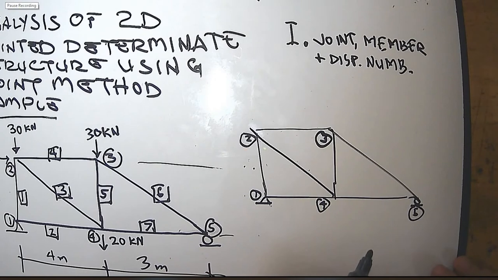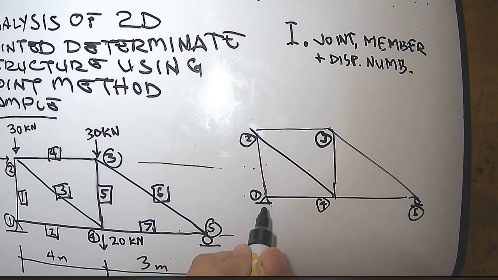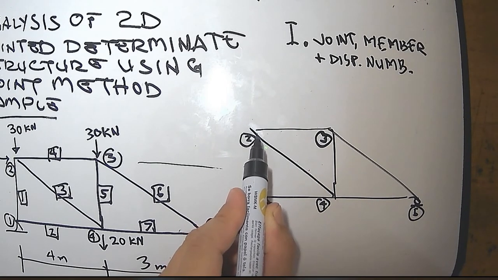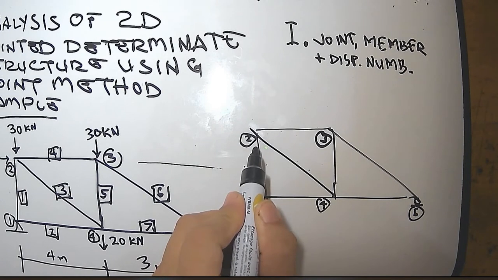Tapos, finally, sa displacement numbering, susundan natin yung joint numbering. Dito sa joint 1, meron siyang support sa vertical tsaka horizontal. So, restrained siya to move along horizontal and vertical. Okay, so, walang displacement. Pero dito sa joint 2, take note na frictionless yung joint na yan.